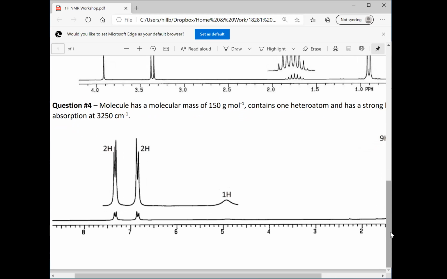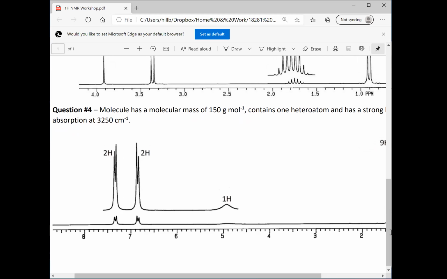Getting the base formula? Right, okay, so we've got C11H18, contains one heteroatom, has a strong absorption at 3251.